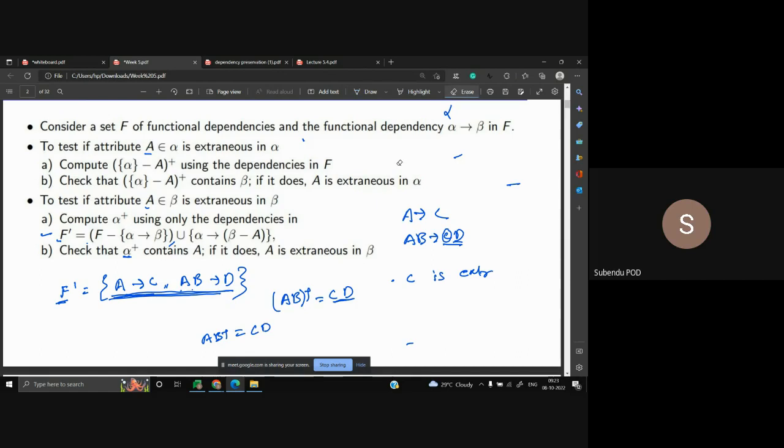Then suppose you want to find whether D is an extraneous attribute or not. What do we have to do?